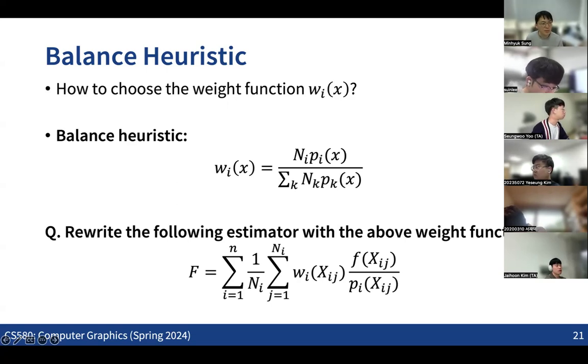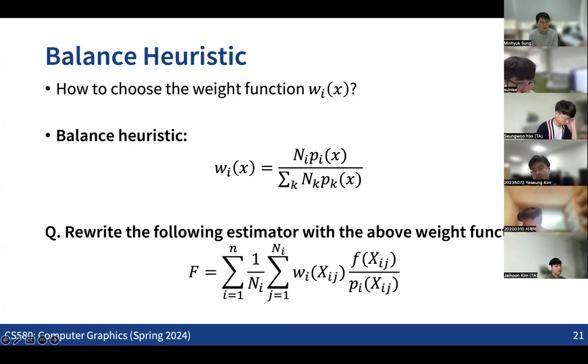So if we look at the meaning of this balance heuristic, assume that the number of samples for each sampling probability density function is the same. Then we are basically seeing the relative probability of the samples for each of the density functions. When we see that the sample has a higher probability under one specific PDF, then we increase its weight, which is quite obvious.